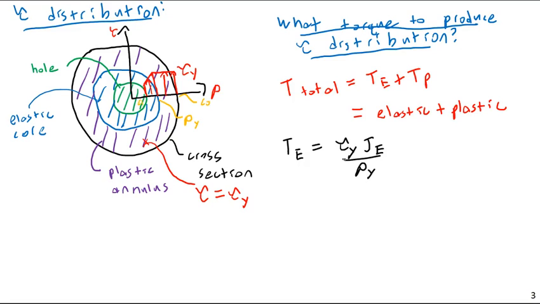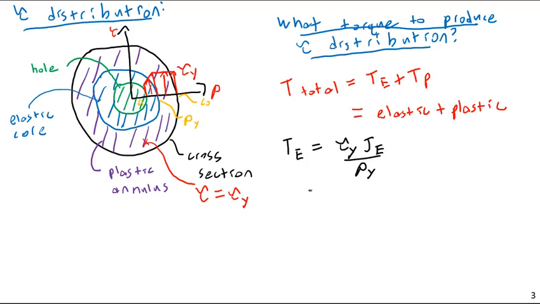Okay, let's see what this means. The total torsion generated by the elastic core is going to be the yield stress times the polar moment of inertia of just the elastic portion over the outer radius of the elastic region.